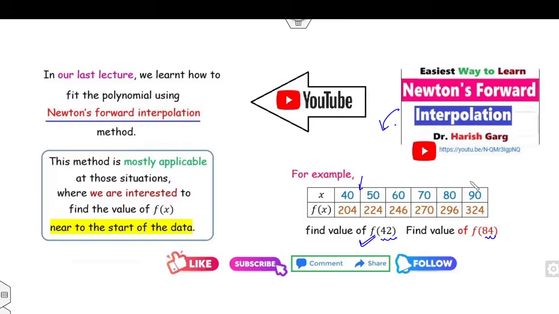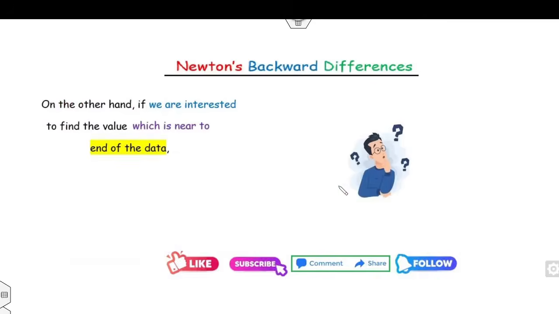So this value you can compute by using the Newton forward interpolation formula. However, you can see that 84 is very far away from the start of the information. So in that case, the Newton forward formula is not so appropriate. You can use it, but it is not as appropriate as it is for 42. Because 84 is near the end, we apply the Newton backward difference.